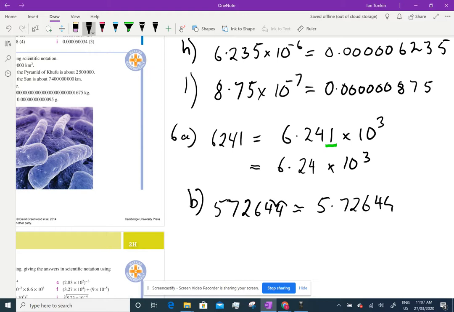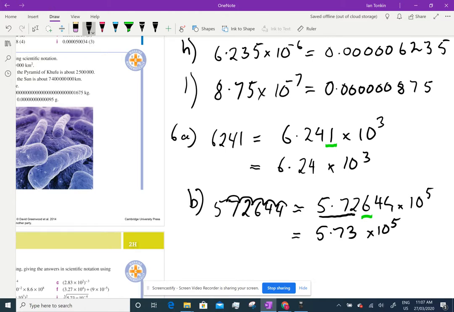I moved it 1, 2, 3, 4, 5. Times 10 to the power of 5. And when I write it to 3 significant figures, I'm just looking at those numbers. I look at the number behind. Is it 5 or more? Yes, it is. I need to round. 5.73 times 10 to the power of 5.